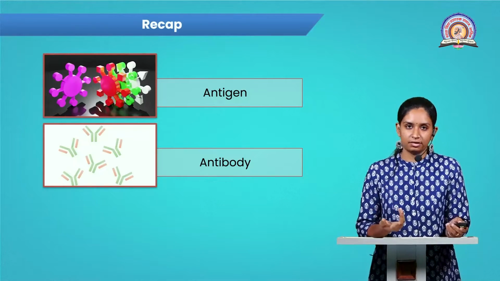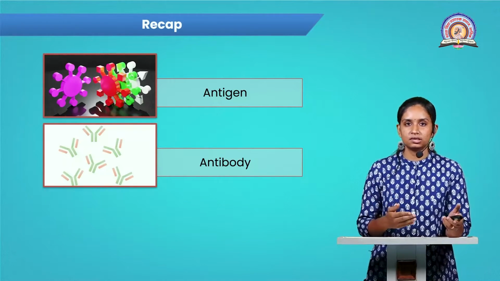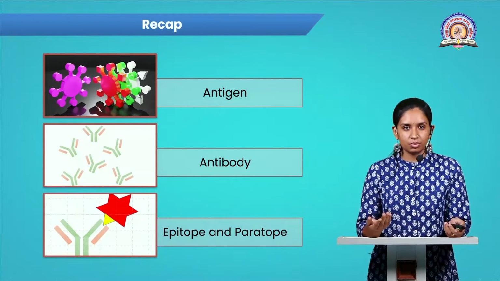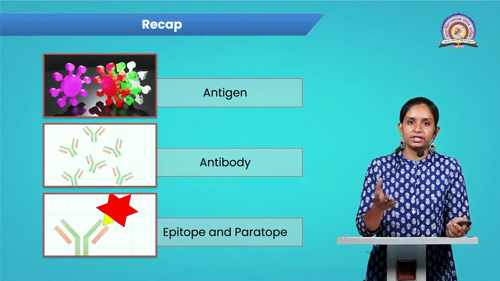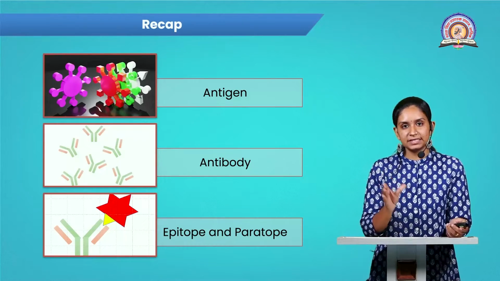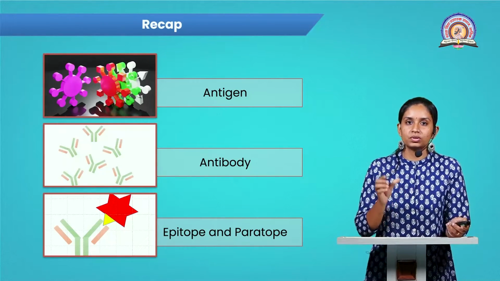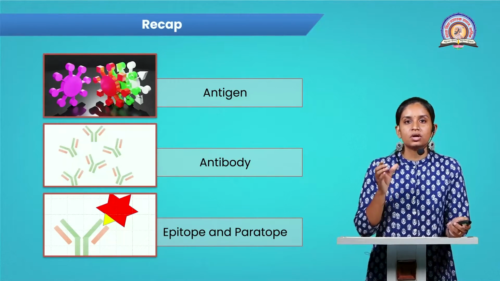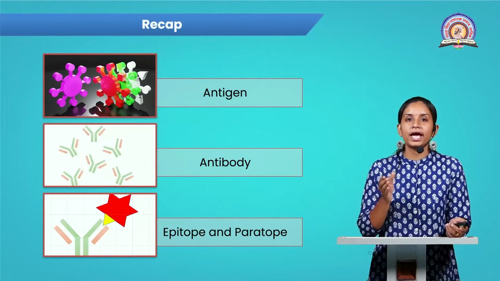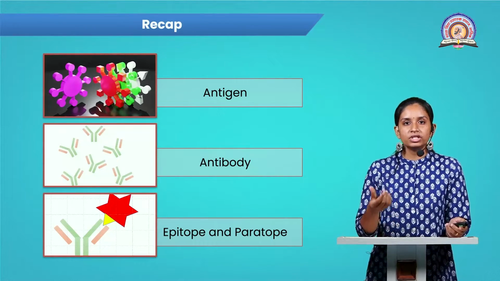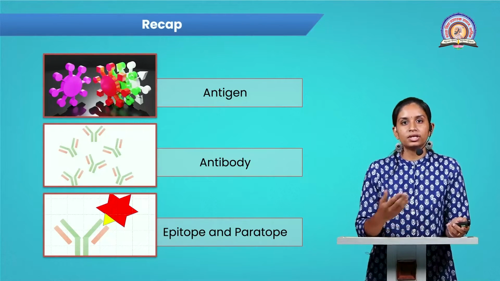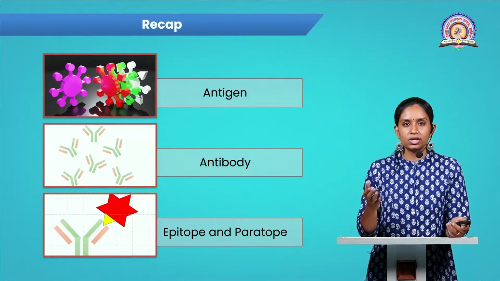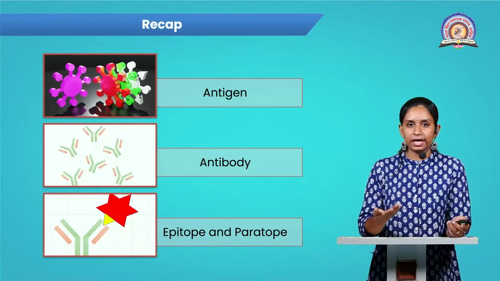But how do they interact? If you consider them, they are bulky molecules. So the whole molecule of antigen cannot interact with the antibody. There is a specific site or specific location present on the antigen which is called the epitope or antigenic determinant, which can get attached to the antibody molecule. On the other side, the antibody molecule as a whole is not going to interact with the antigen.